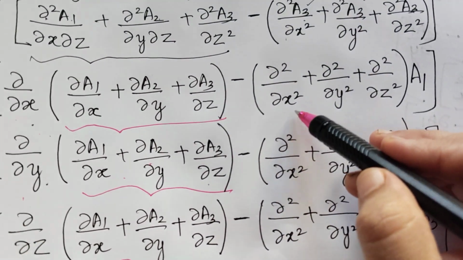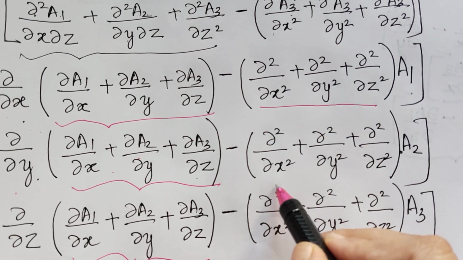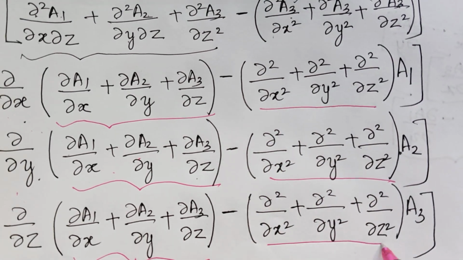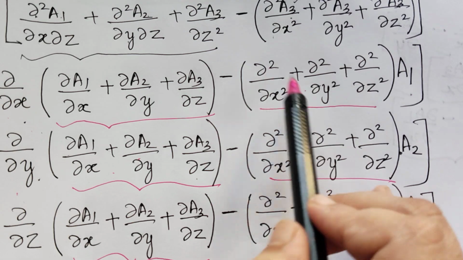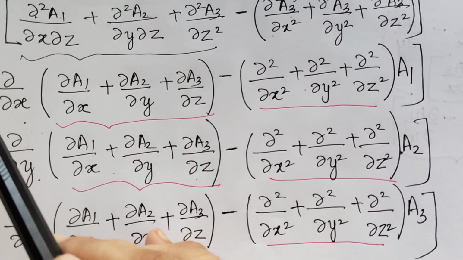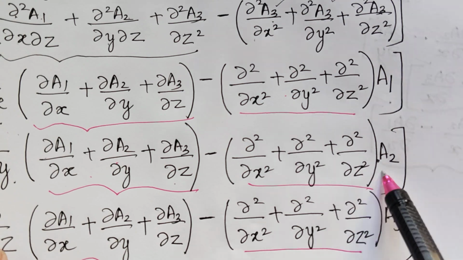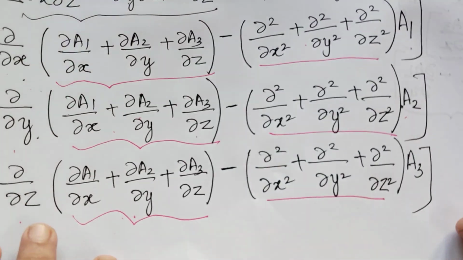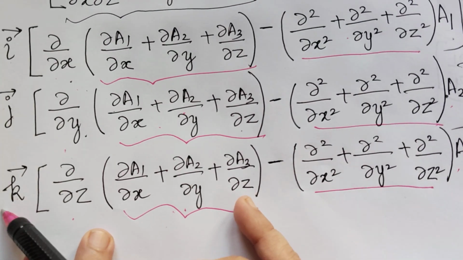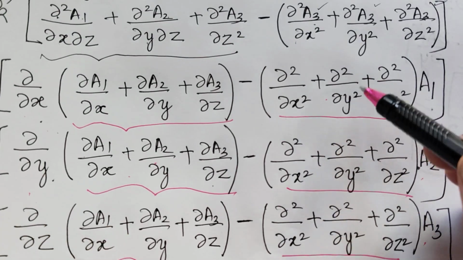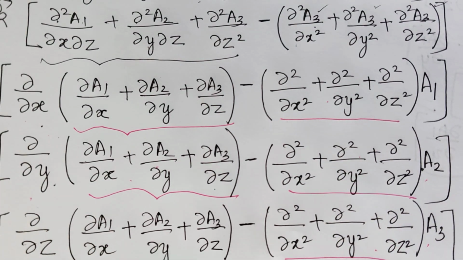In a similar manner, here also, this and this are in common. So this will be taken in common, and what we will have? a1 i vector, and then you will be having a2 j vector and a3 k vector. So these three we will take in common and we can rewrite.